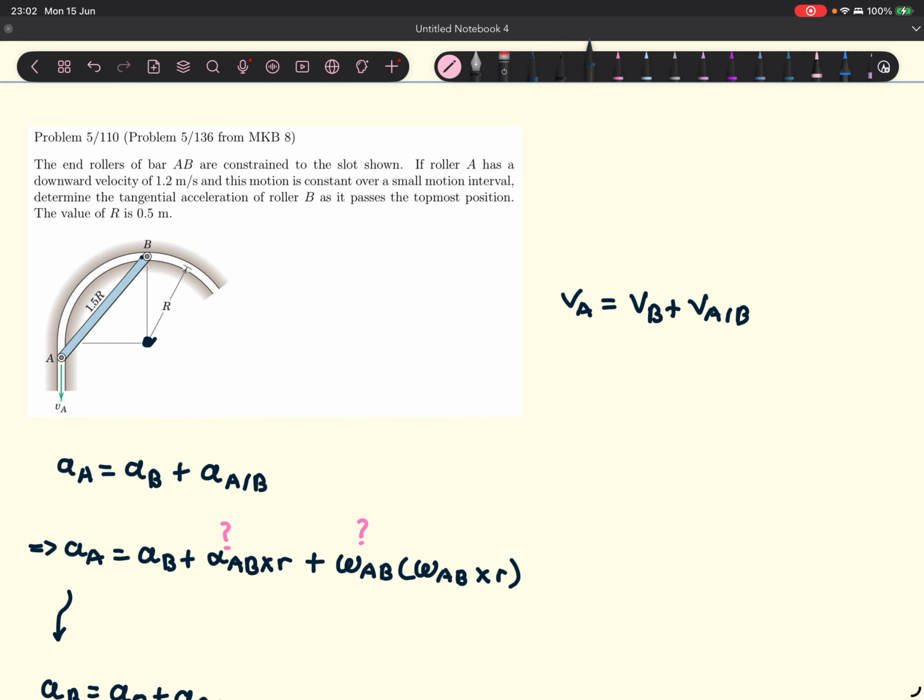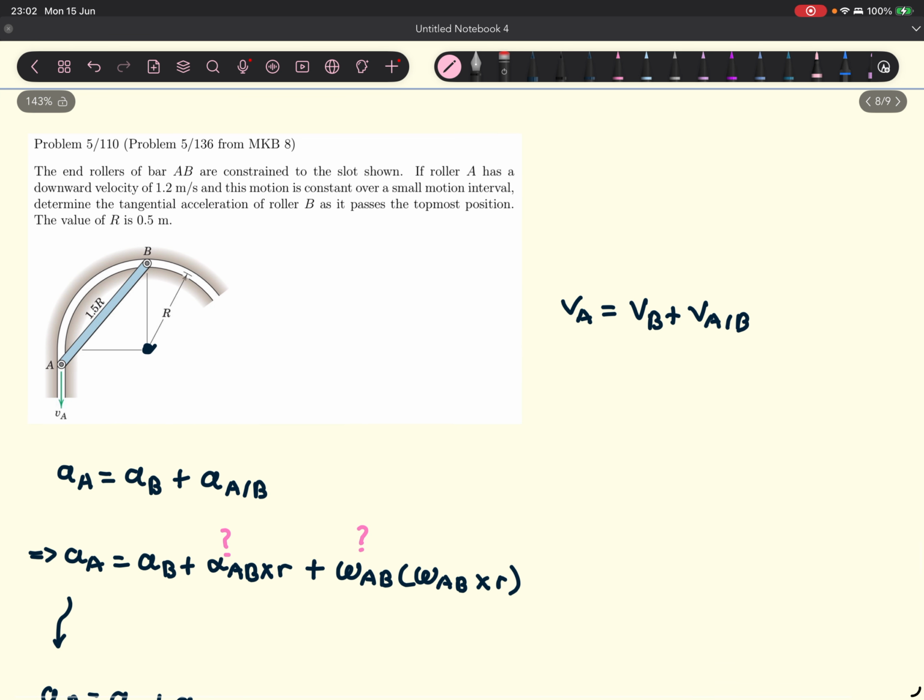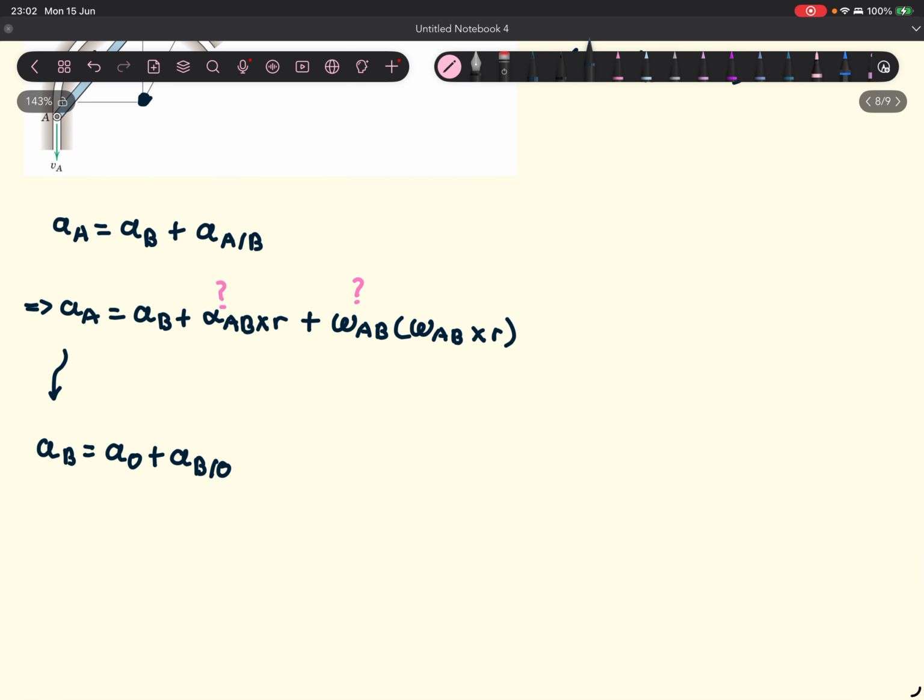So this is point B is basically rotating in a circle, kind of in an arc almost. So if you have a situation like that, then you can use the center point of the circle, and you can use fixed axis rotation to get more information to solve the problem. So yeah, hope that makes sense.